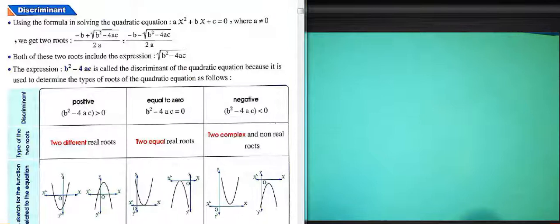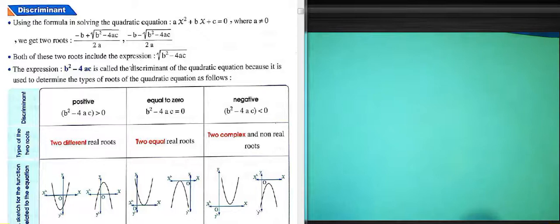Discriminant. Using the formula in solving the quadratic equation ax power 2 plus bx plus c equals 0, where a is not equal to 0, we get two roots: negative b plus square root of b power 2 subtract 4ac over 2a, or negative b minus square root of b power 2 subtract 4ac over 2a.